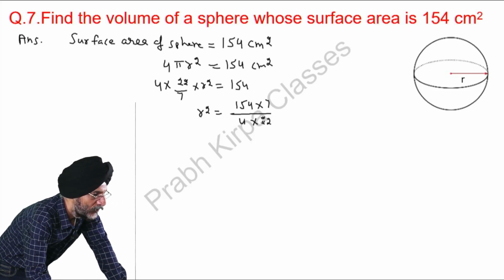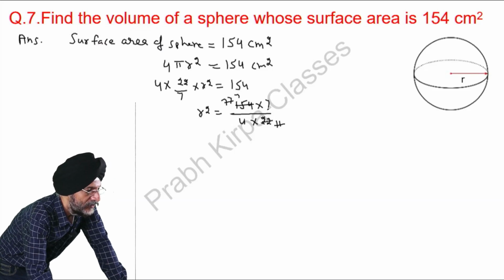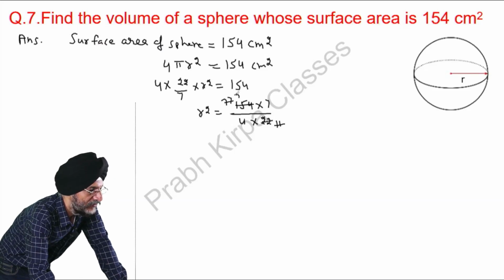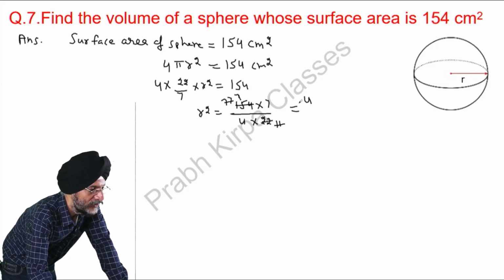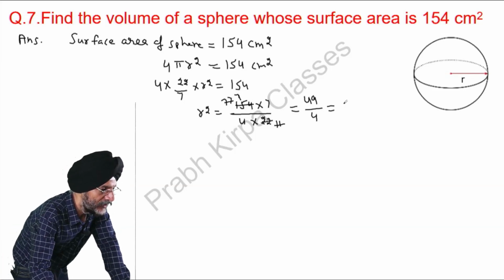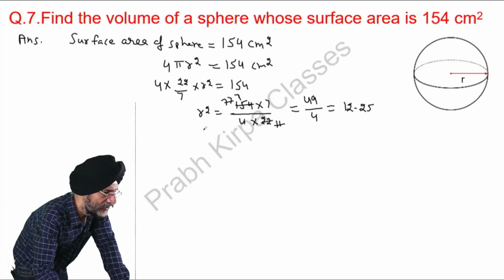Now here we will cut: 11 will be used to cut 77, and it will come as 7. Now what is balance is 7 into 7, 49 over 4, and it will come as 12.25.